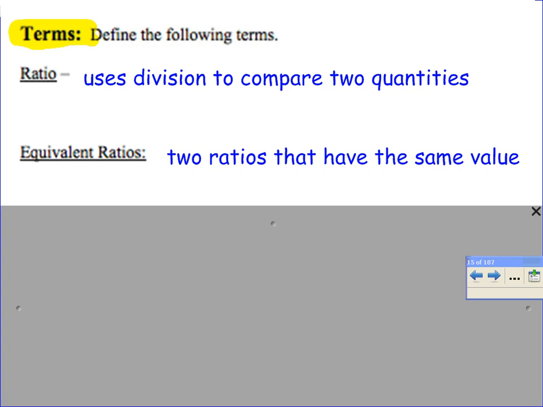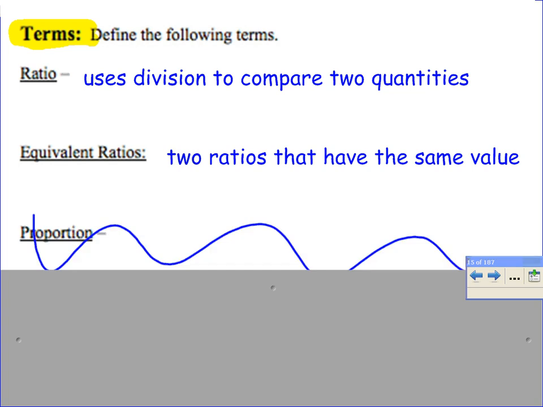Okay, an equivalent ratio, I'm sure you're going to be really surprised about this. Equivalent ratios are ratios that have the same value. Isn't that shocking? Your book loves putting the word equivalent in front of everything. I don't know why. So equivalent ratios are ratios that, when you reduce them, have the same value. Sean. Yes.